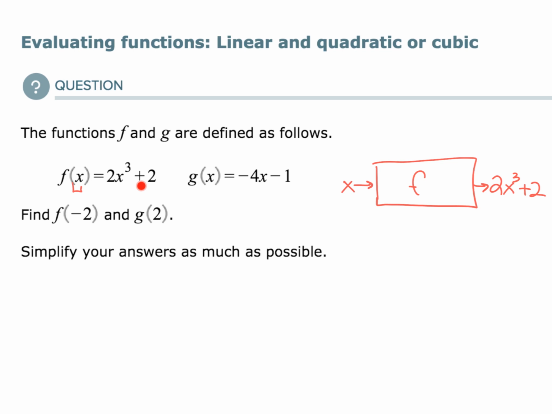What this means is that whatever's inside these parentheses, in this case negative 2, takes the role of x. Like this x is that x right there.